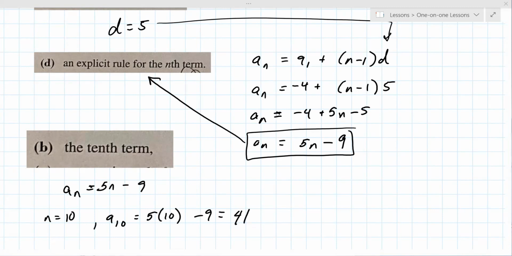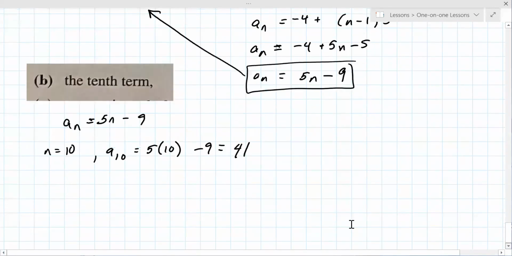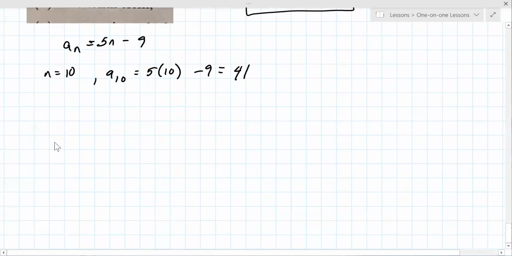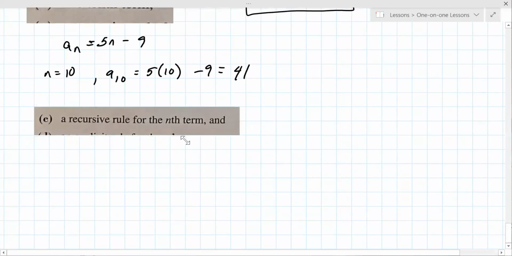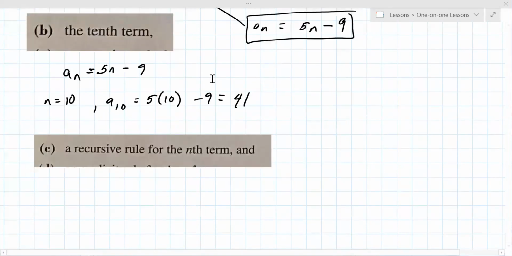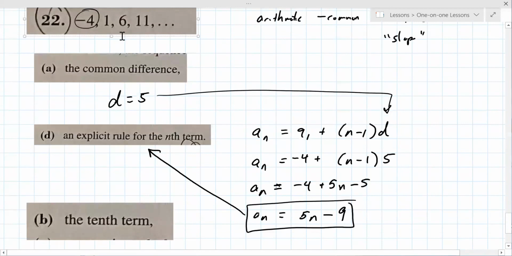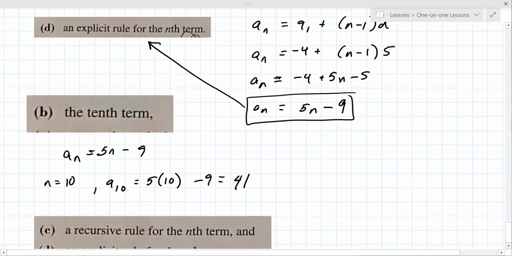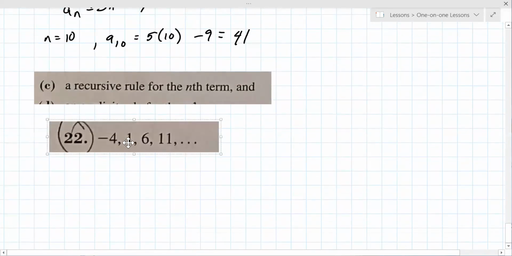Now, part C, which really goes along with part A. You need to know what's happening between terms. Let me snip in the numbers again. How do you go from minus 4 to 1? And you just told me this. You add 5, right?